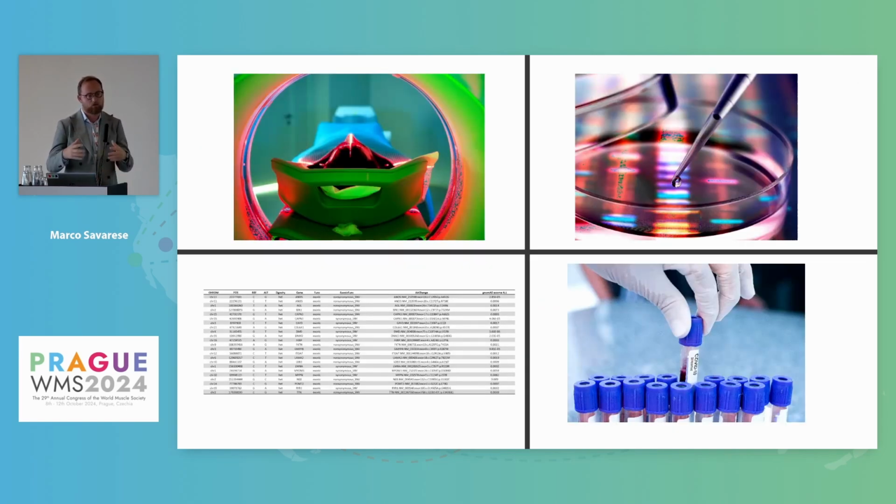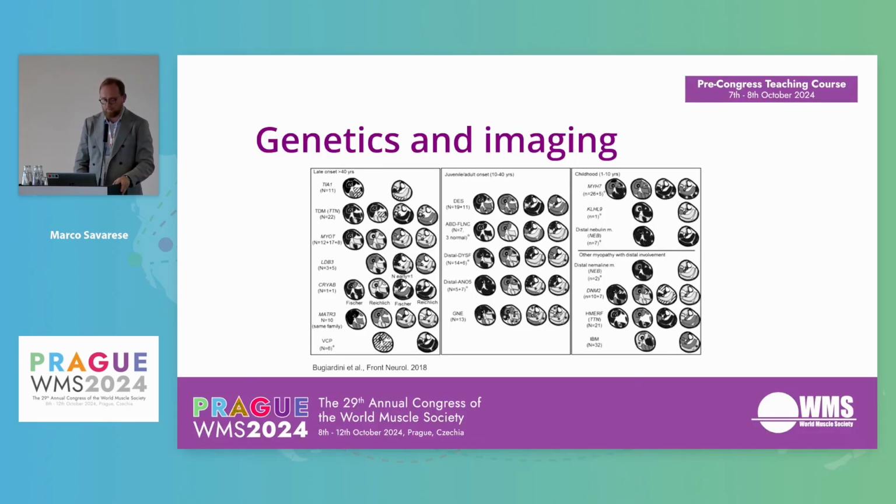Combining, as we have done in this teaching course, different strategies, basically, where the genetics cannot be the solution by itself, but needs to be combined with imaging, with lab tests, with clinical examination, and whenever possible with functional tests. And we will go back to the importance of functional tests. I want to just underline already now the importance of imaging.